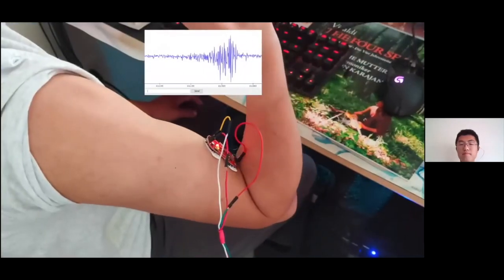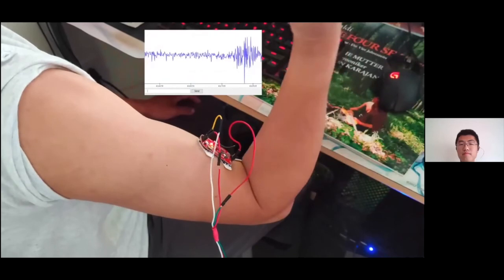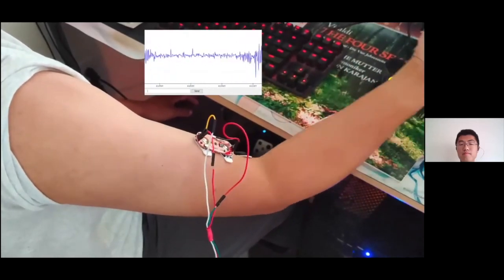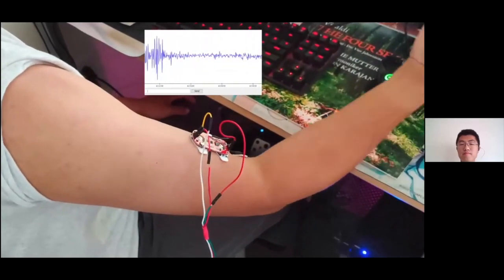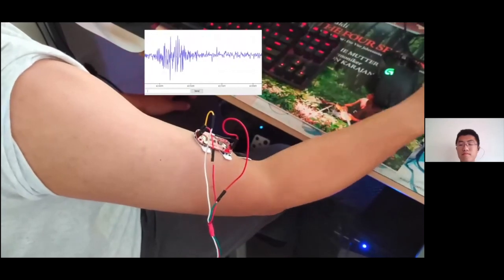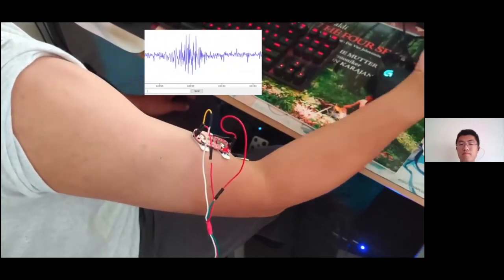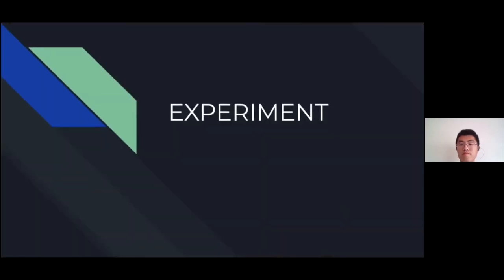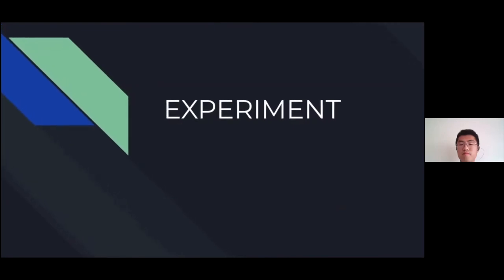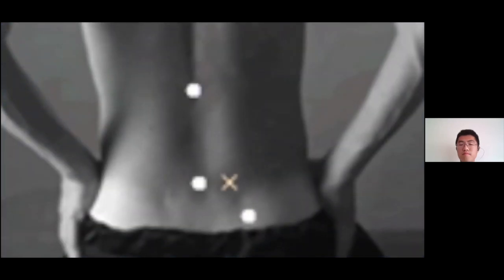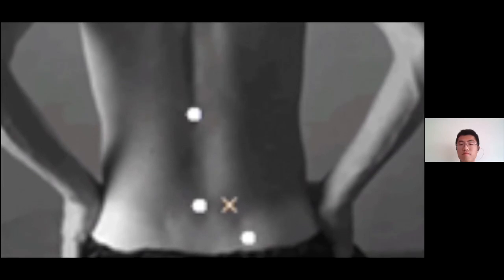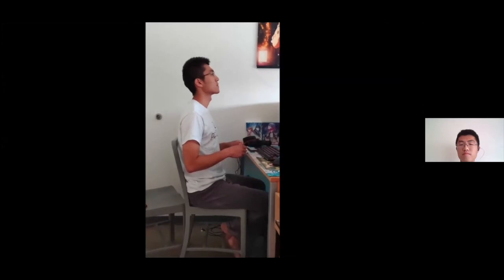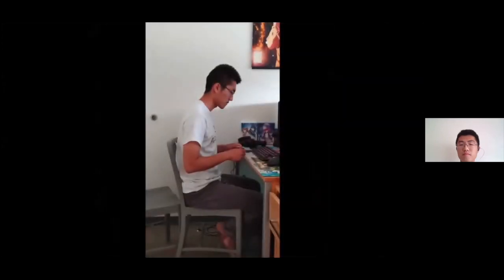First, we want to show you how EMG signal respond to intense muscle movements. For example, now we are exercising bicep, and you can see the EMG signal. In this project, we focus on the lower back muscles. And right now we are seeing the sitting straight posture. This is the hunched posture.